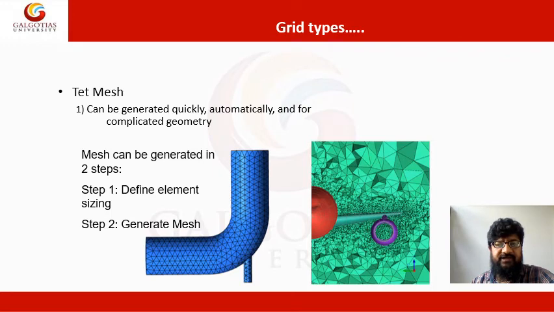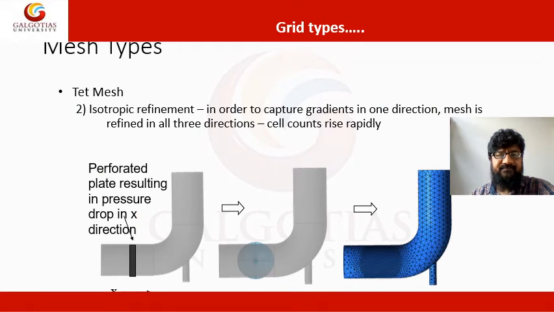Tetramesh: we have known that there are two types of mesh, tetramesh and hexamesh. Tetrameshes are generated automatically, very quickly, and for complicated geometry. The mesh can be generated in two steps. First of all, we define the element size and then generate the mesh. So very little effort is required in generating a tetramesh.